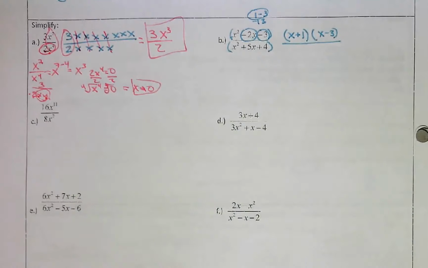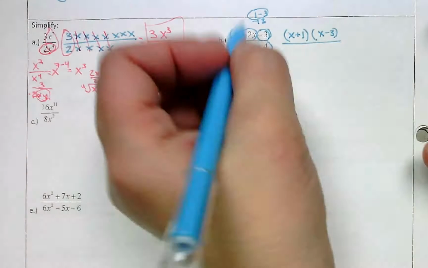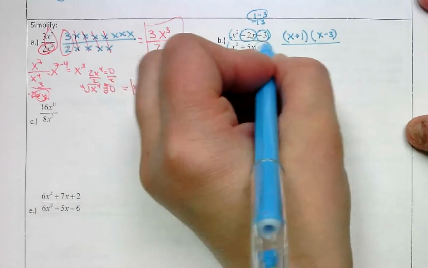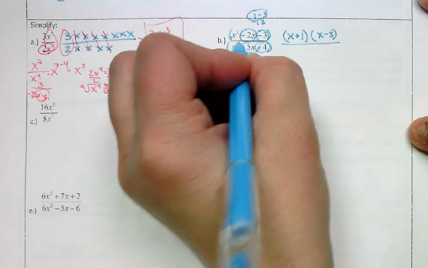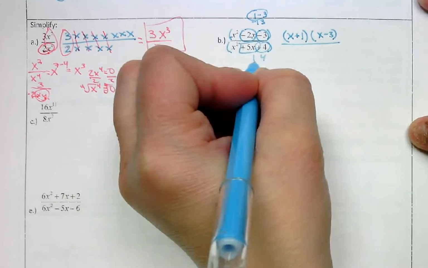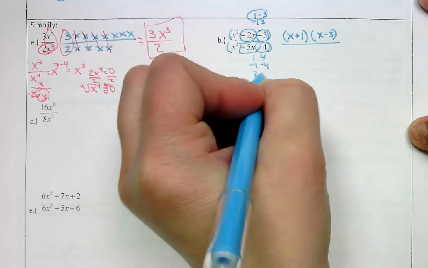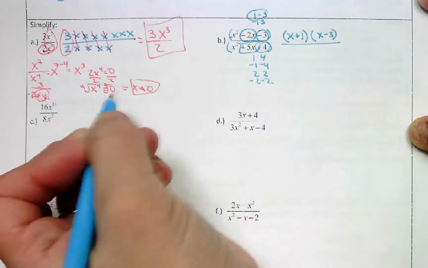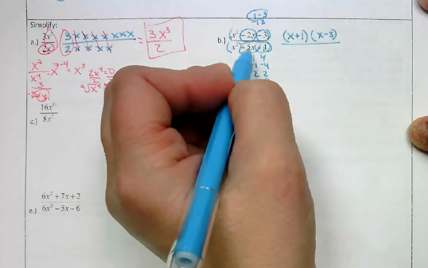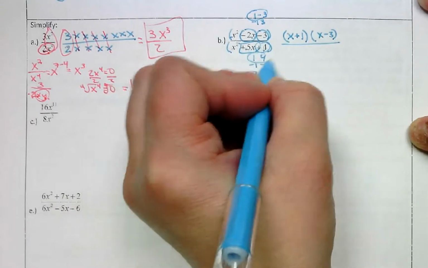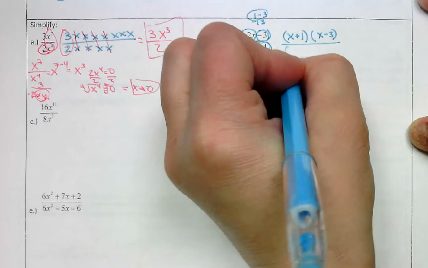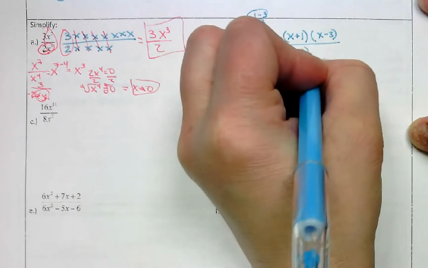Okay. So for my denominator, I need what multiplies to 4 and adds to 5. 1 times 4, negative 1 times negative 4, 2 times 2, or negative 2 times negative 2. The one that adds to positive 5 is this one. So then I'm going to have x plus 1 over x plus 4.